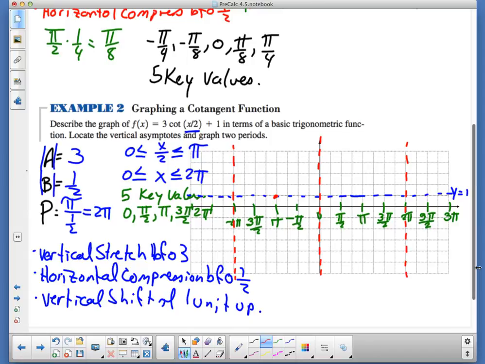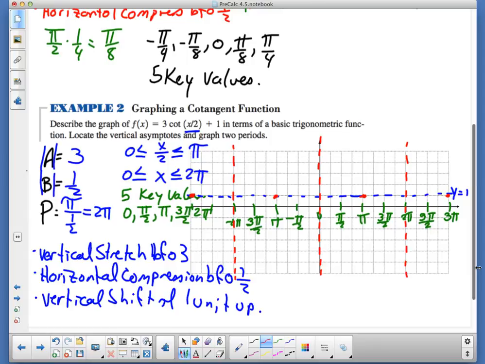And I'm going to have 0 at pi, 0 at 3 pi, 0 at pi again, negative pi, and 0 at 3 pi. Okay, and now I'm looking at my pi over 4 position, which is my 3 pi over 2. If I put 3 pi over 2 in there, my 3 pi over 2 is like my pi over 4 position because that's 3 pi over 4.